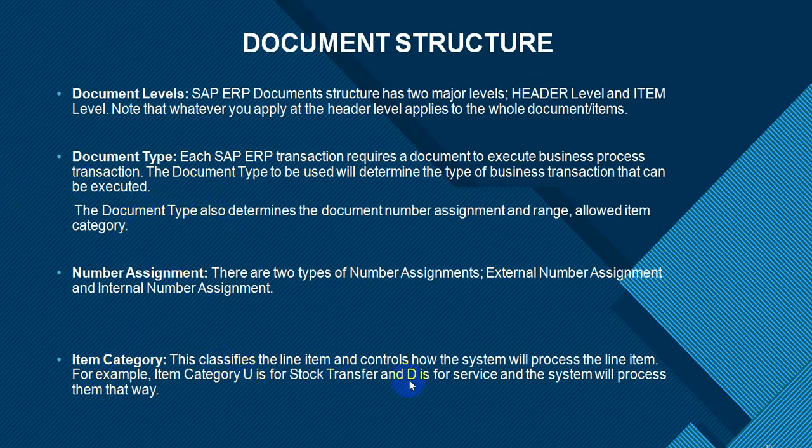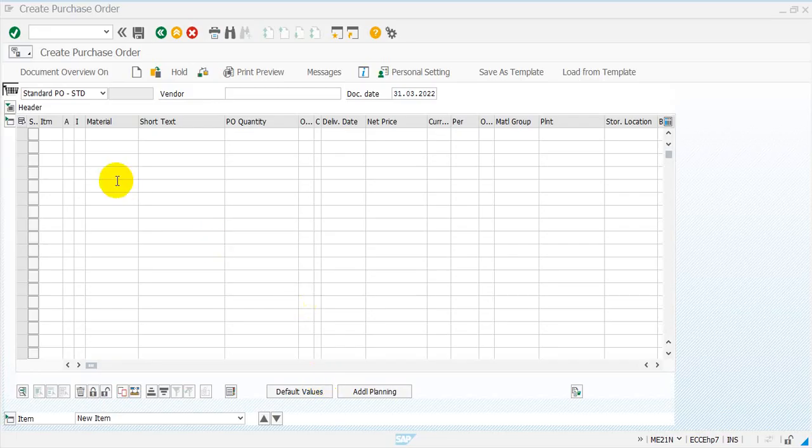Let's look at that again in the SAP system. These are the document types. This shows that the document I want to use to create the purchase order is a standard purchase order document type.